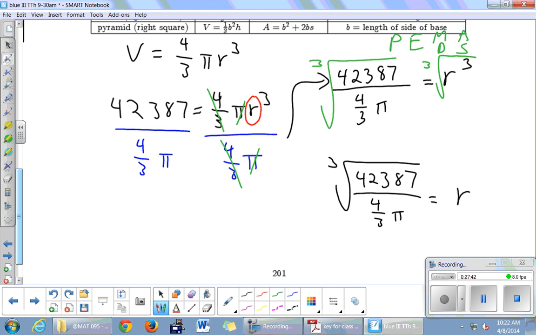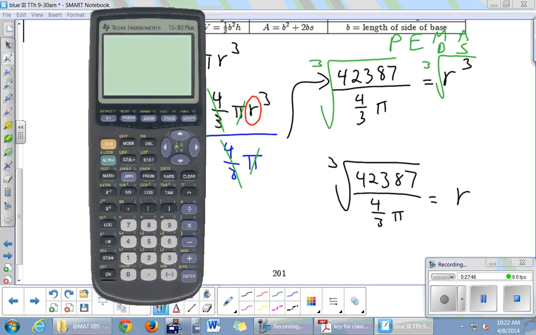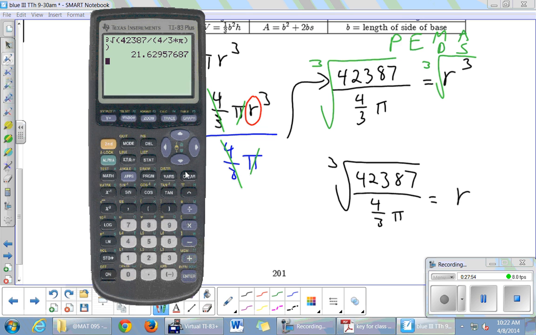Okay, so last thing is to type this thing in very carefully. So I'll do it here. Your calculator might look a little different, but that's okay. Okay, so on my calculator, the cube root button is inside of math. It's right there, number 4.